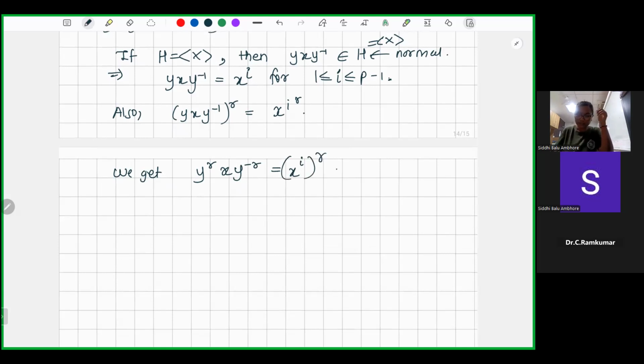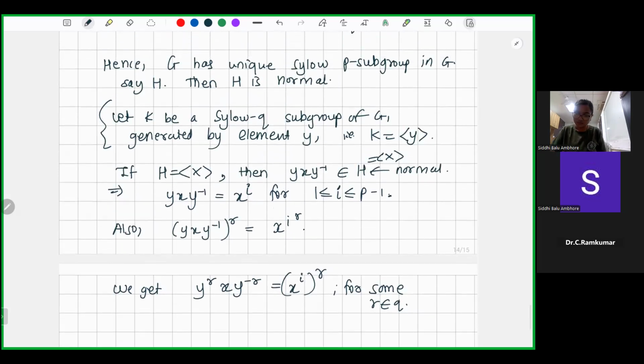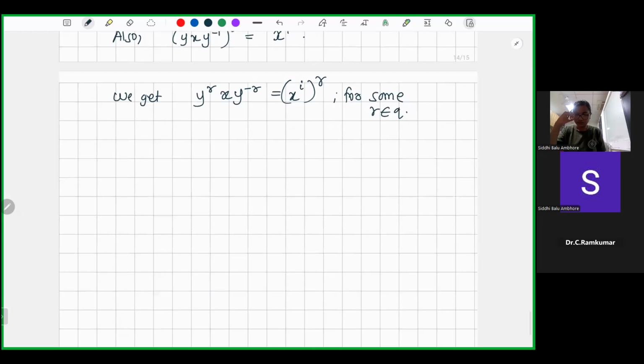How is this happening? For some r in q. Is this true? Let us assume for now that this holds. If not, we will check this.